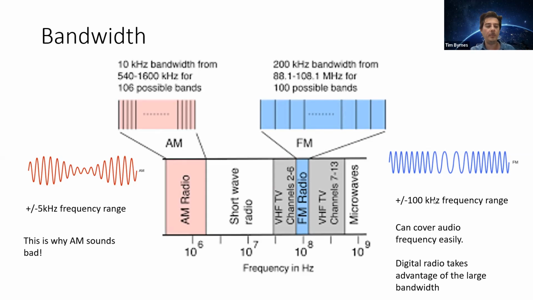If you compare that with human hearing, that's way higher. The best people can only hear 20 kilohertz, and this is plus or minus 100. So there's a lot more frequency range allocated to the FM side than the AM side. This is why FM radio sounds much better, because they can encode much higher frequencies.